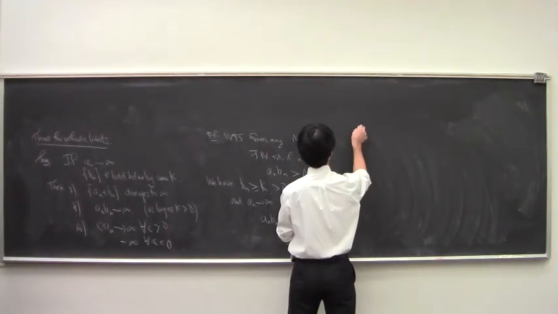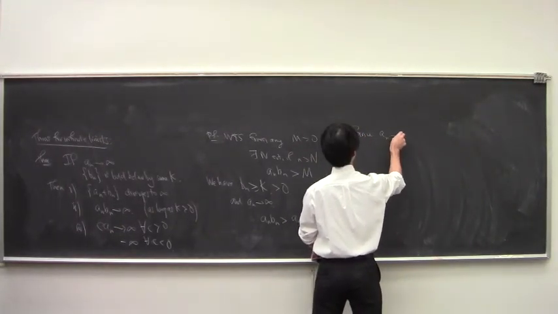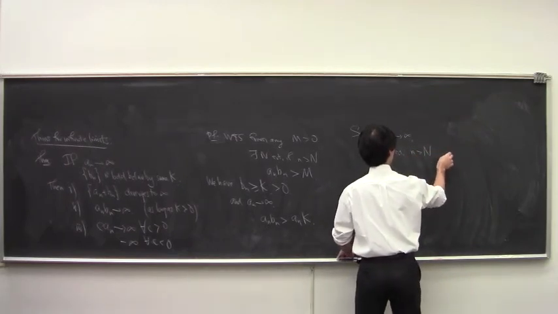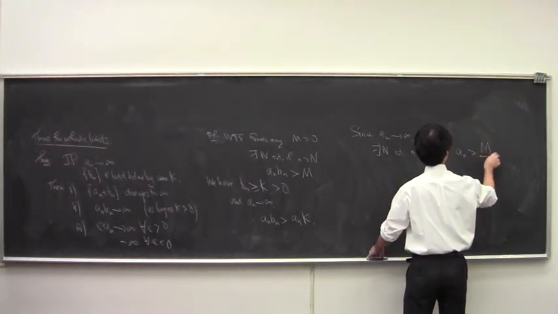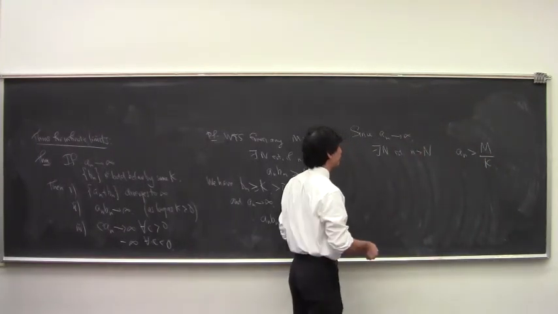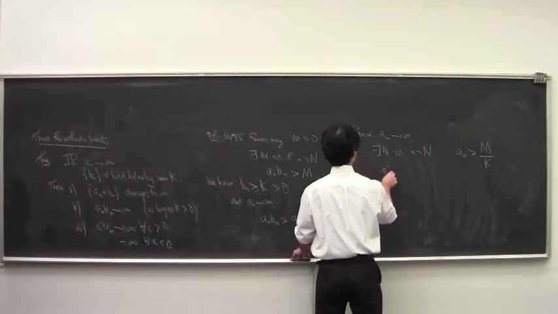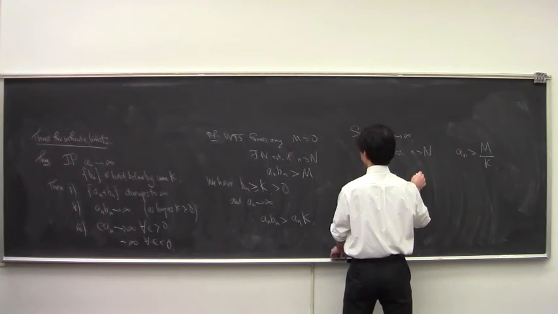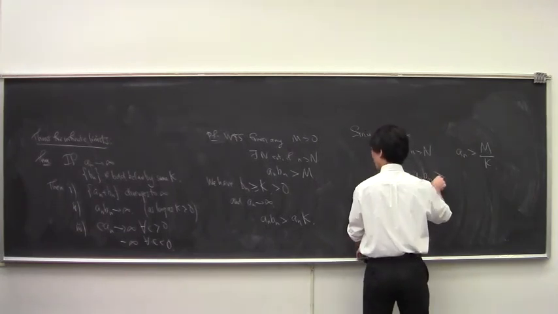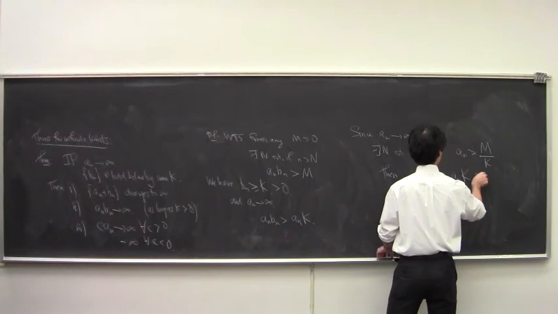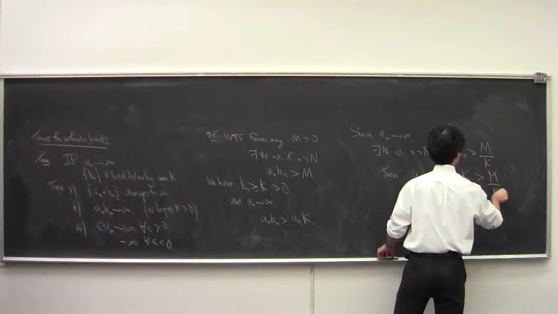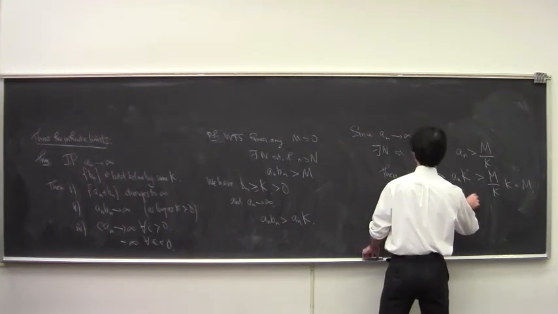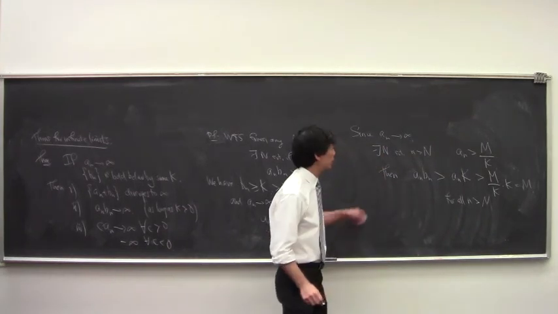Since a_n goes to infinity, there exists an N such that past that point, a_n is bigger than m over k. Then, of course, a_n b_n is bigger than a_n k, which is bigger than m over k times k, which is m.